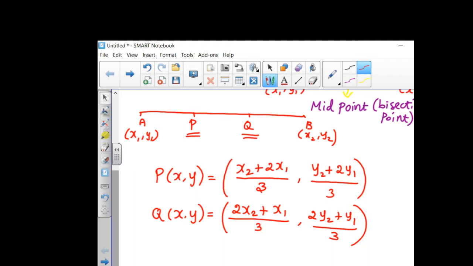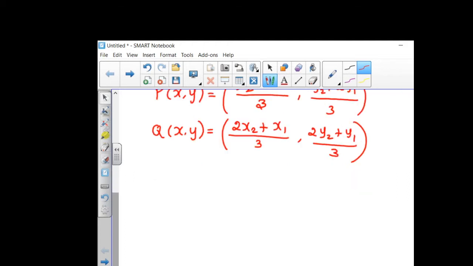Then the section formula. Next one, section formula.